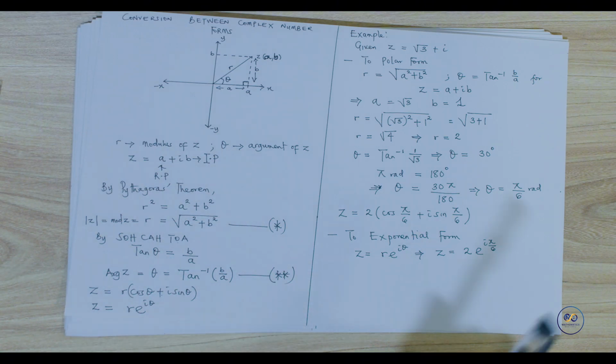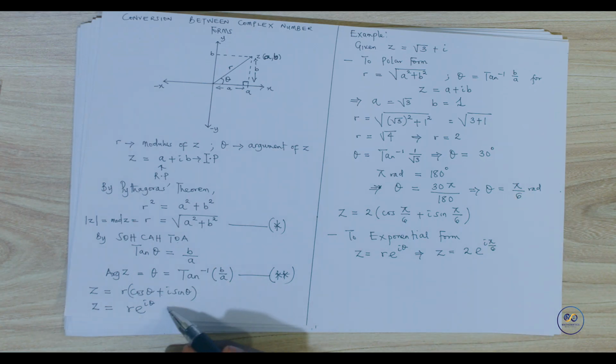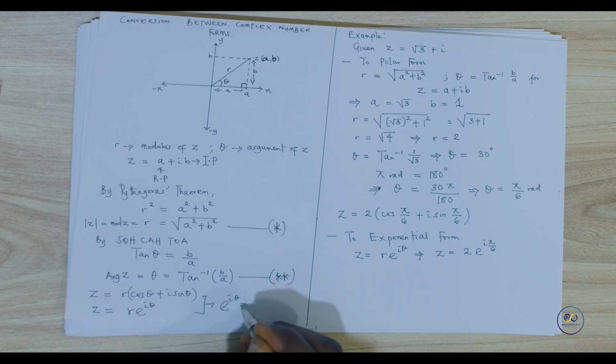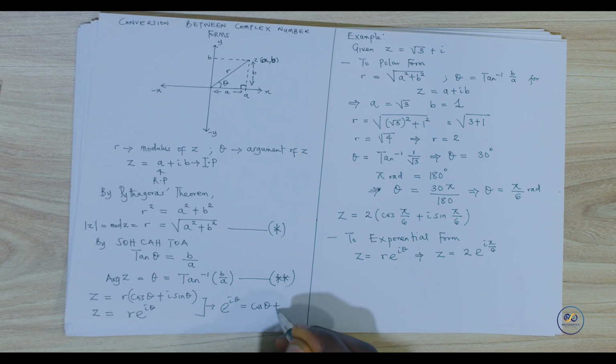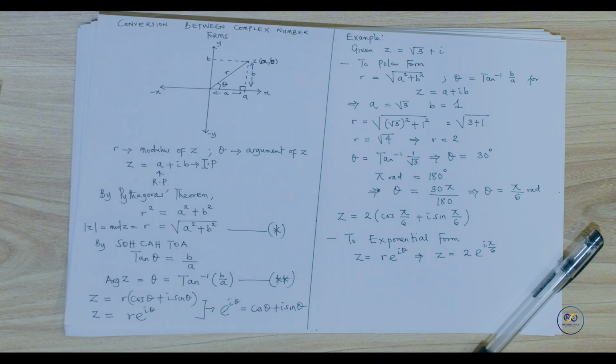Now, of course, it's also important to note that there is a relationship between the exponential form and the polar form, right? If you look at these two concepts, clearly it shows that e raised to i theta is equal to cos theta plus i sine theta. This is also a common series representation when discussing the Taylor series, or the Taylor-Maclaurin series, of the exponential function, right?